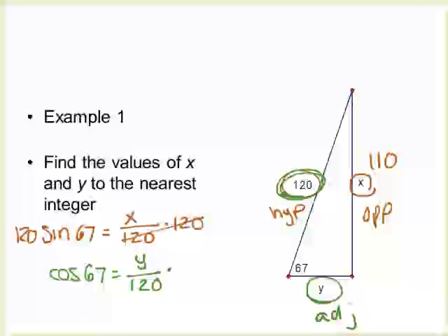We solve it like the previous question, and like our questions yesterday, multiplying both sides by 120, and then typing it in the calculator. So 120 cosine of 67 gives us what for y? 46.8, 47, right about there. Since it says to the nearest integer, we'll just round it on up to 47.